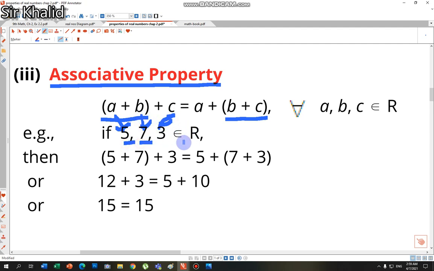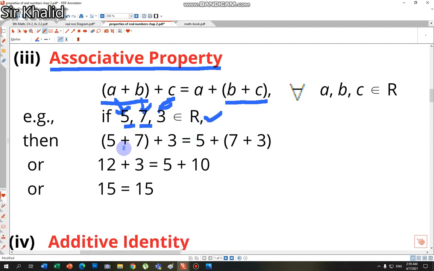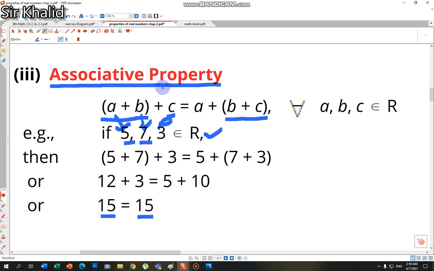These three numbers belong to R. Then according to this equation, I put in the values, and you see the answer will remain the same. So it means that the associative property of real numbers holds with respect to addition.